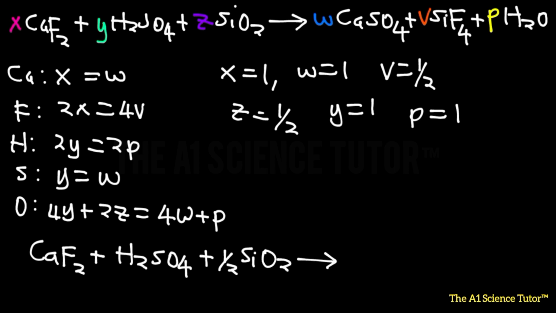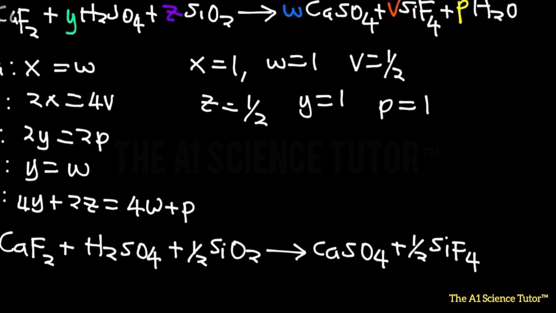And here we're going to have W, that is a 1, so that will be calcium sulfate. And V is equal to 1/2. And we got water, P is equal to 1, so that will be water.